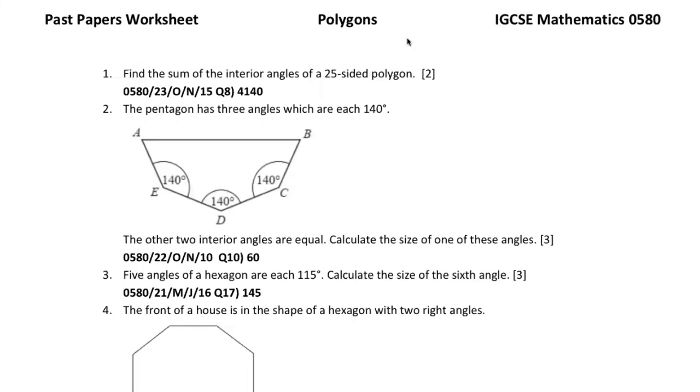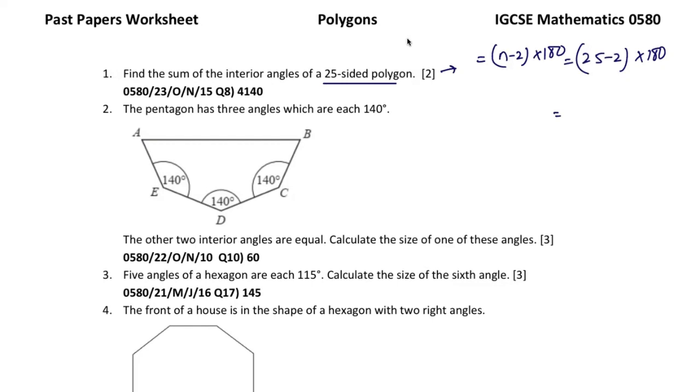Question number 1 says, find the sum of the interior angles of a 25-sided polygon. The formula was n minus 2 times 180. I'm so sorry, n minus 2 times 180 is the formula for finding the sum.